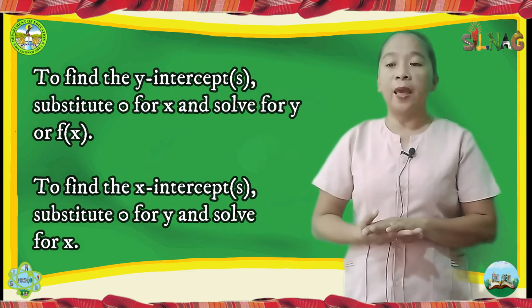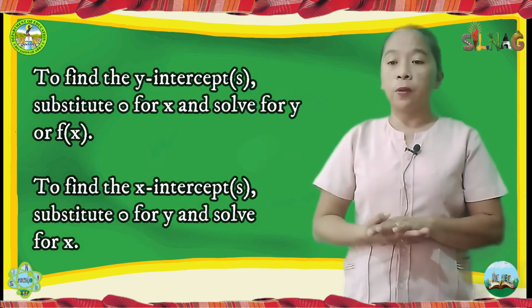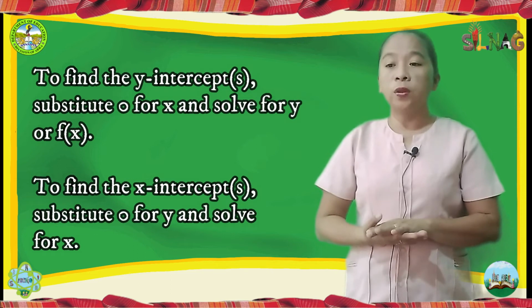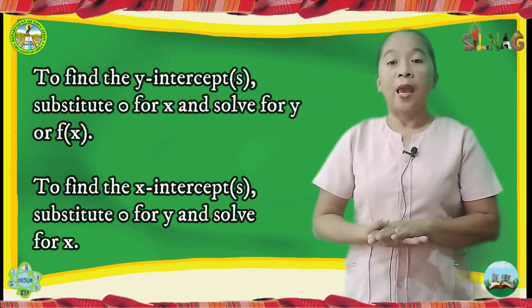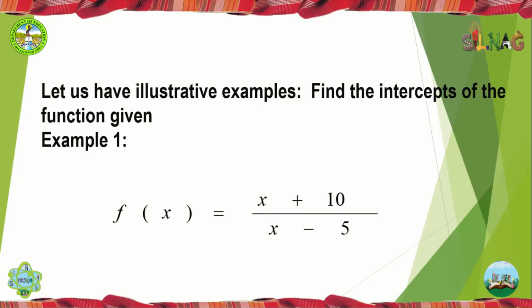To find the x-intercept, which is the point where the graph crosses the x-axis and is also known as the zero, we substitute 0 for y and then solve for x. Let us have illustrative examples.